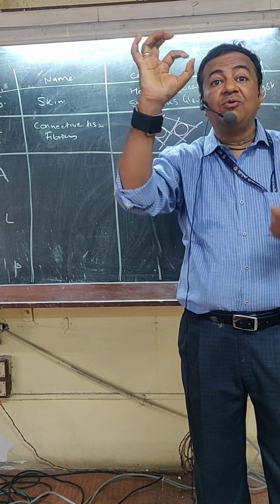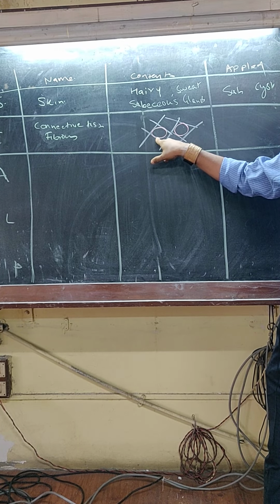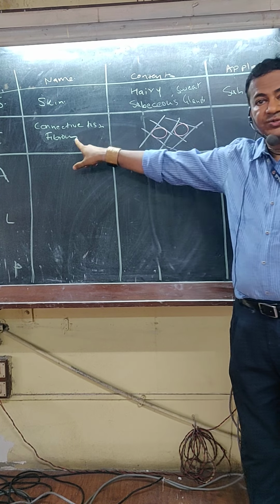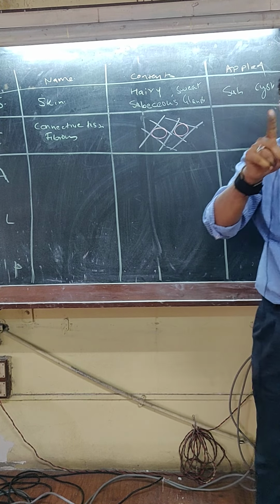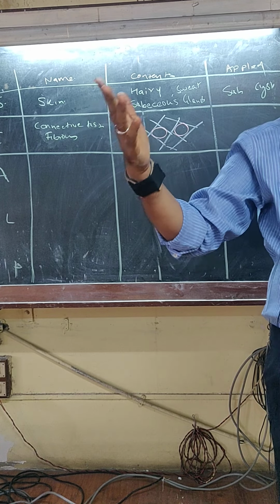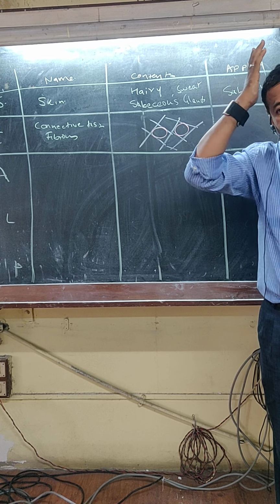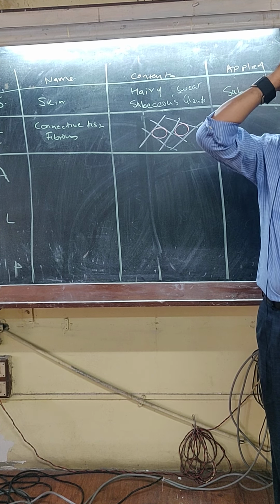Why? Because the outer wall of the blood vessels are attached to the fibrous connective tissue. Therefore, bleeding in the skull, pressure has to be applied.